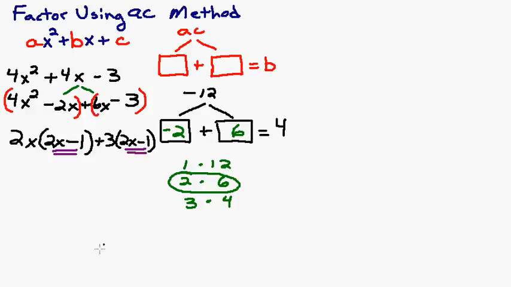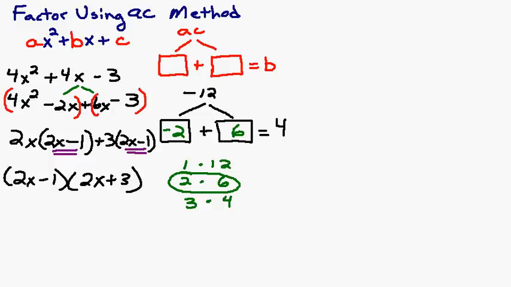So your last step of factor by grouping is to write down what's left in parentheses, whatever came out to be the same. That's your 2x minus 1. Write that down once. And then whatever's left, which is the 2x plus 3, goes in the other set of parentheses. And you're factored.